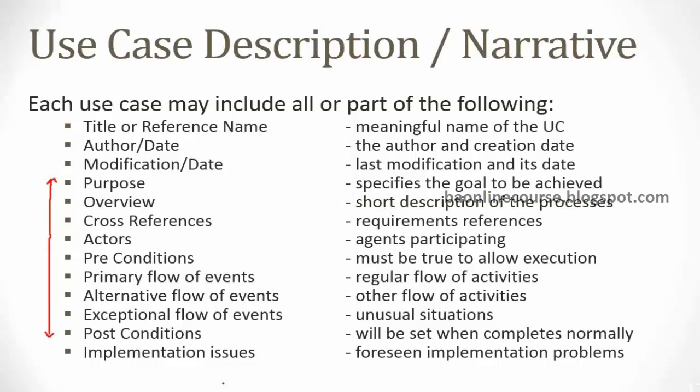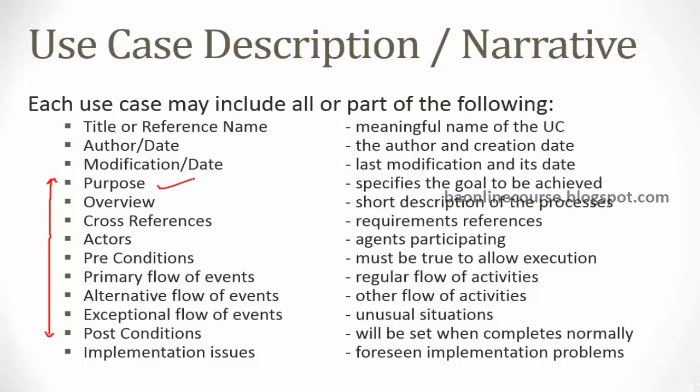But broadly, this is what you would see in a use case description. You'll give a good, meaningful title so that you can understand what the use case is about. Then you'll have the version control details: who has written it, and the modification dates and all. Then you give a purpose or an objective of the use case.